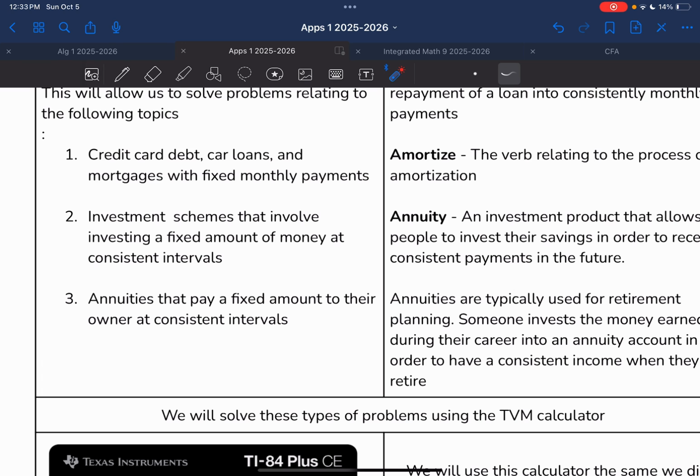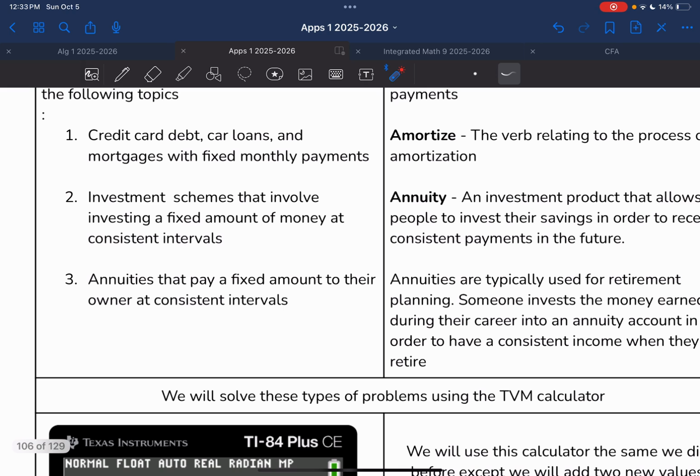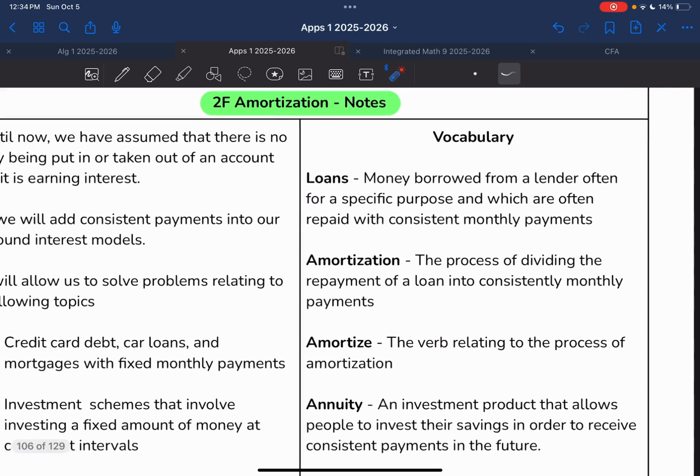So if you want to invest by depositing the same amount into an investment each month, which is something I highly recommend doing, we'll learn how to analyze that. And annuities, where basically it's an account that's earning interest and you're also drawing a consistent amount from it. This is very much tied to retirement.